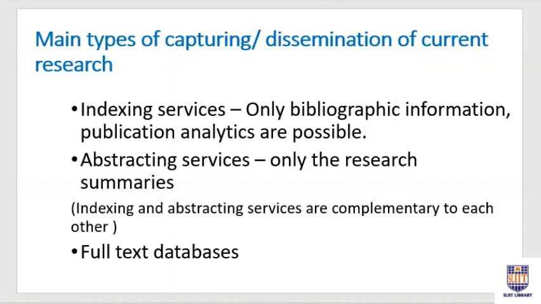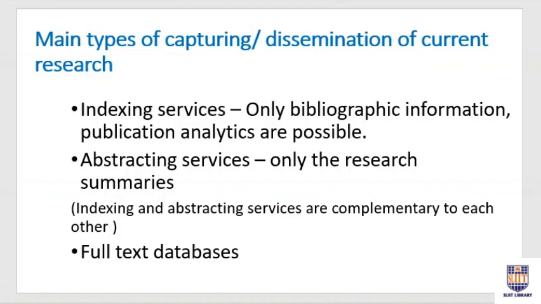Next one is the abstracting service, but it publishes only the research summaries. These two services are complementary to each other, because the abstracting services extract information from the indexing service. In the indexing service, the users can have only very brief bibliographic information.